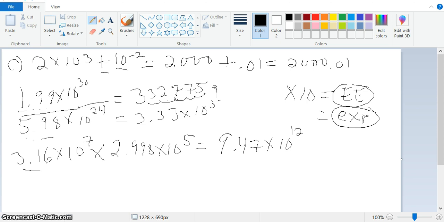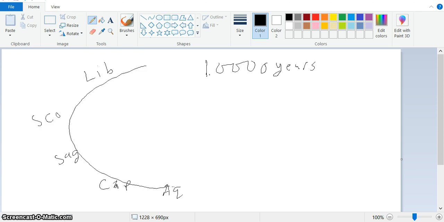All right, that was part C. So now question 3. For question 3, it's much easier to do if you look at the figure on page 14 of our e-text. It's also a figure that's in the review as well. I'm looking at this figure.